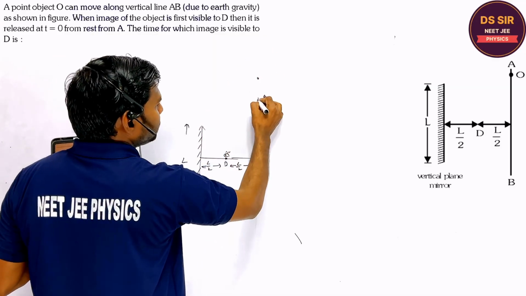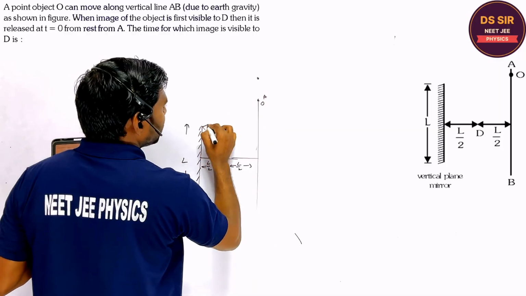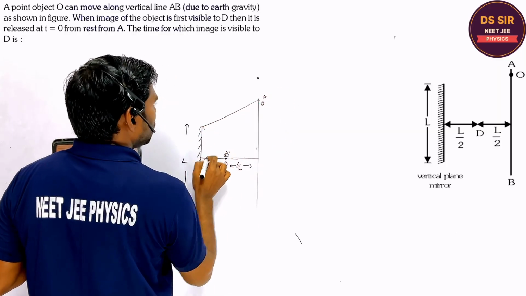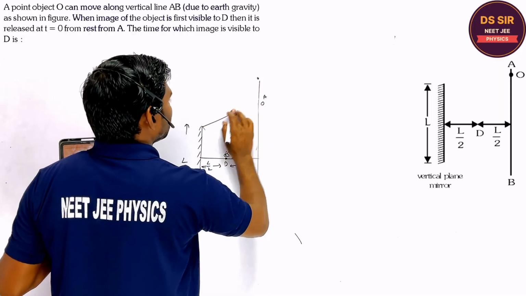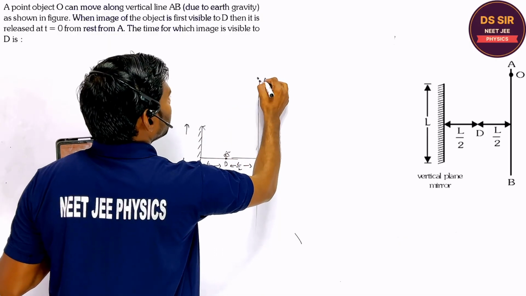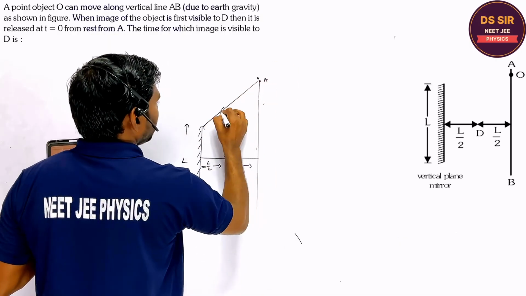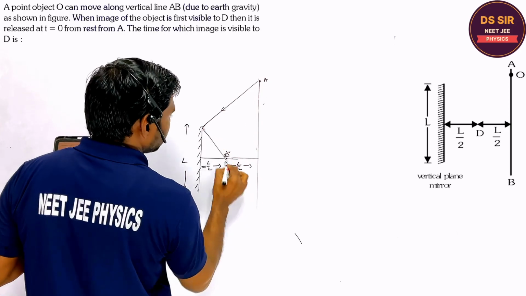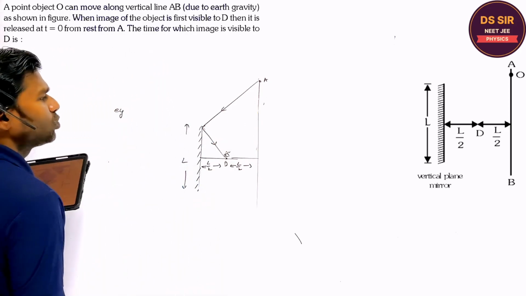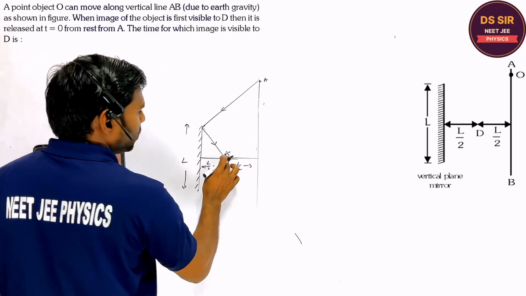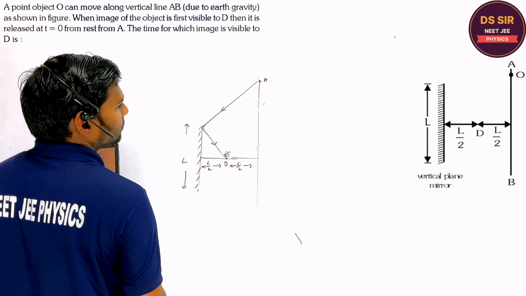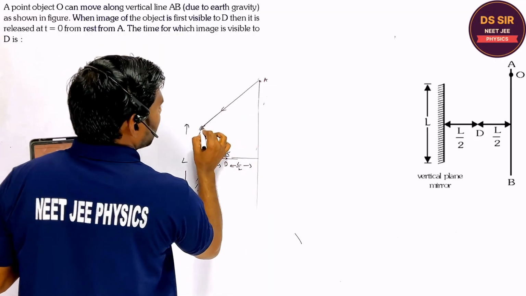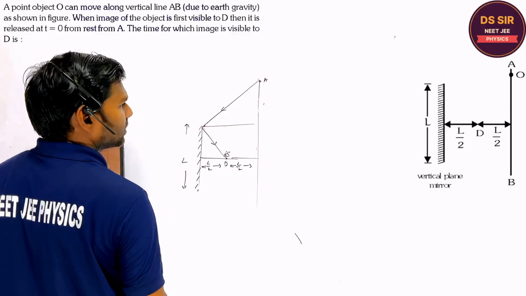When it comes to this point, you may write this is the point A, and the light ray reaches the point D, a point on your eyes, after reflection, right? So it starts to be seen over here. Is it clear or not?